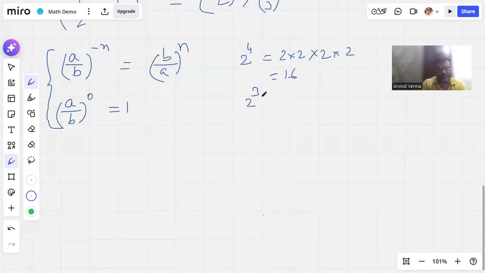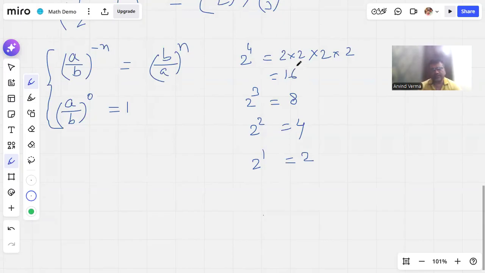Now 2 to the power 3 is 2 into 2 into 2, that is 8. 2 raised to the power 2 is 4. 2 raised to the power 1 is 2. So what is the pattern? I am giving you some time so that you can identify the pattern by yourself. Just look at the exponents. The exponents are 4, 3, 2, 1, decreasing by 1 unit.